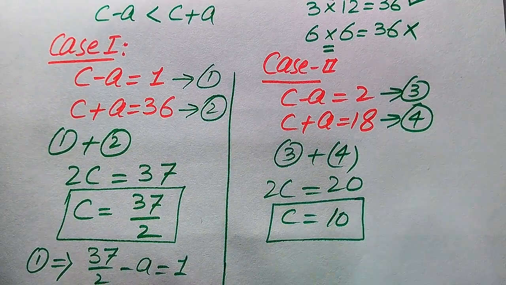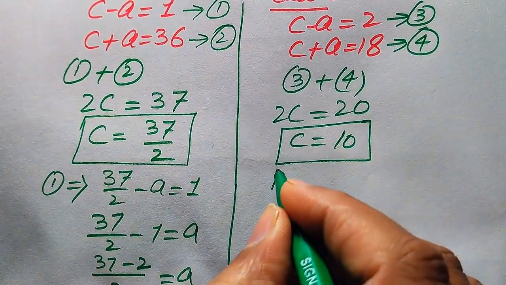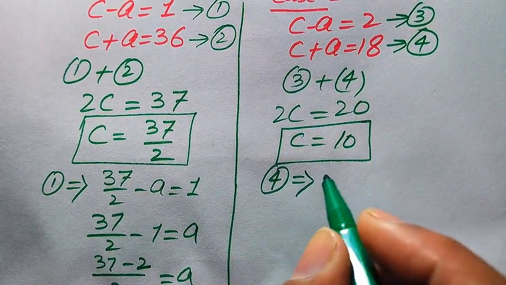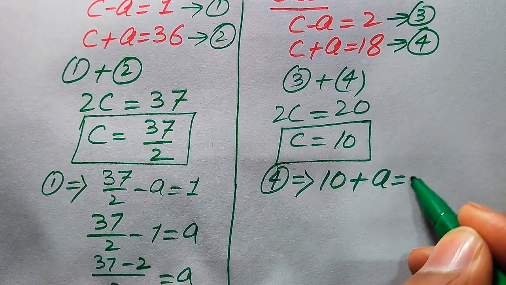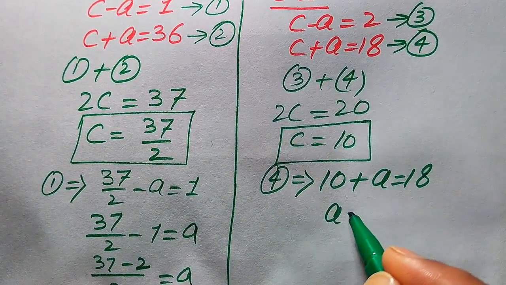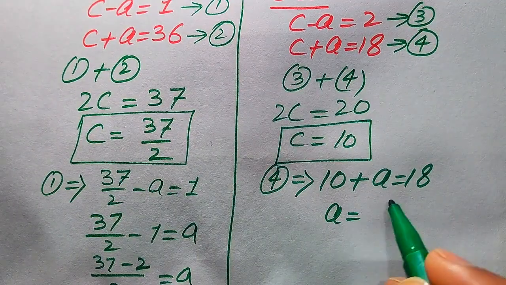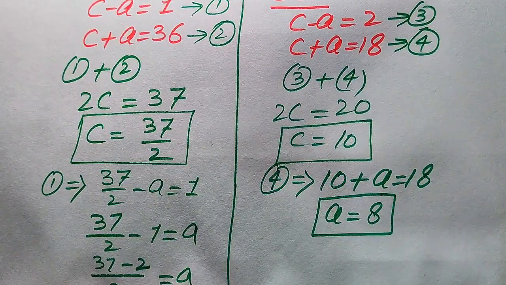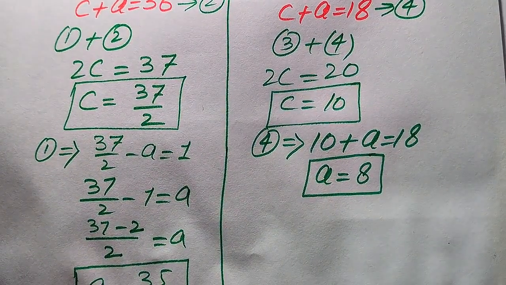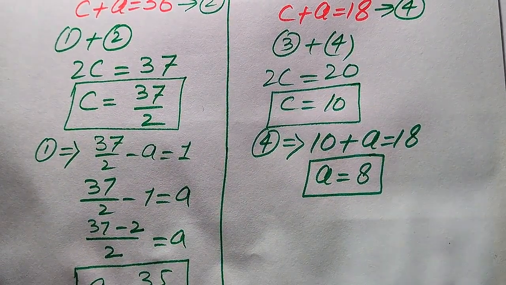This is the value of c, and when we put this value of c in equation number 4, equation number 4 implies that 10 plus a equals 18, and here we easily get a equals 18 minus 10 becomes 8. So these are the other two values of a and c.